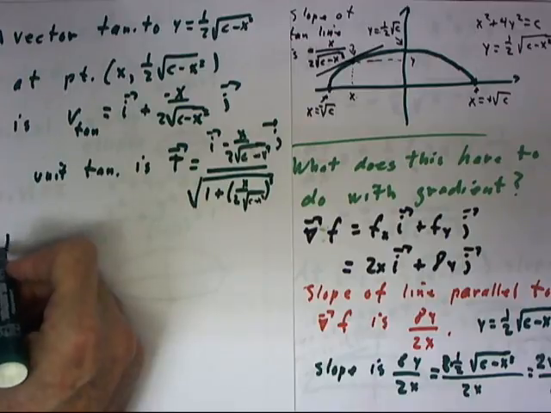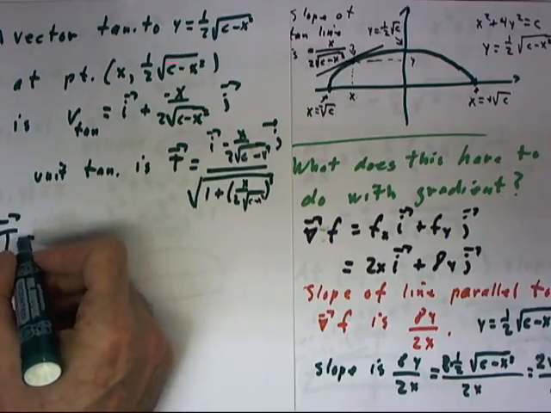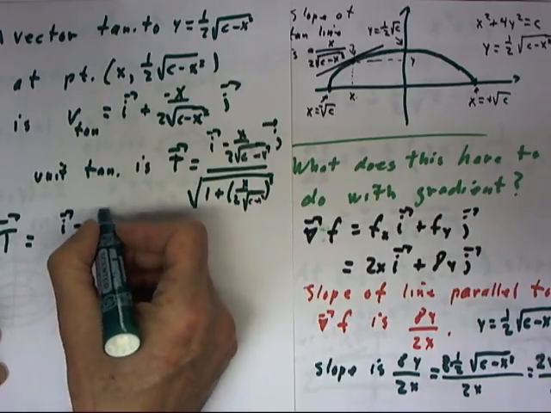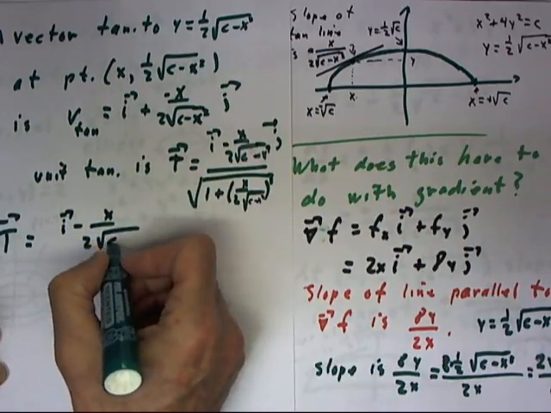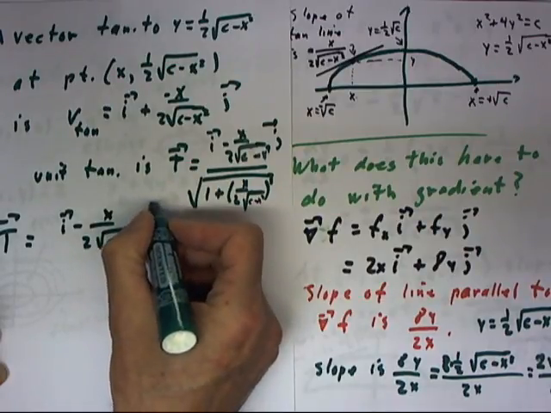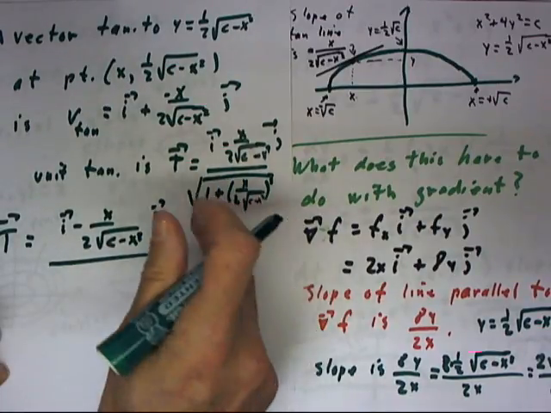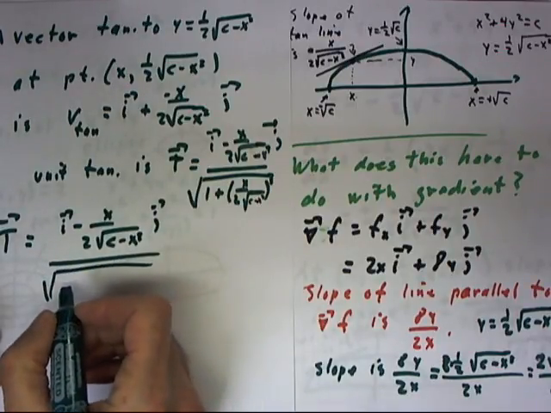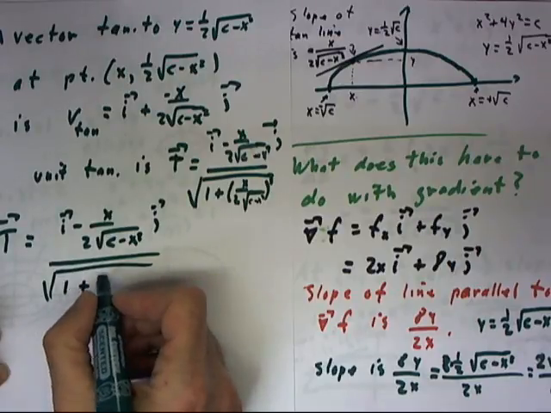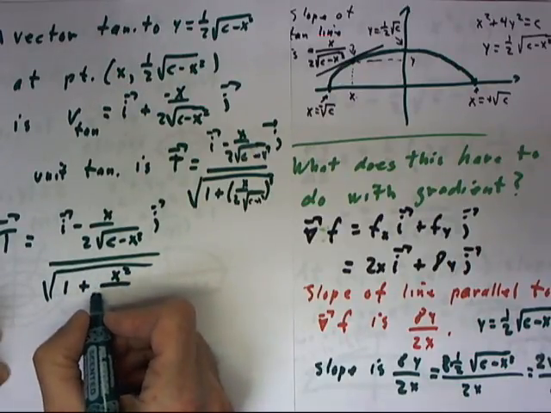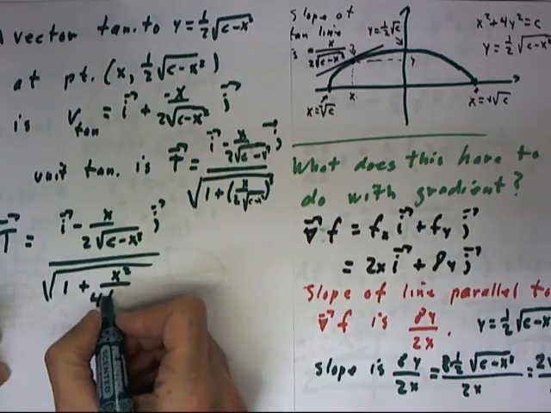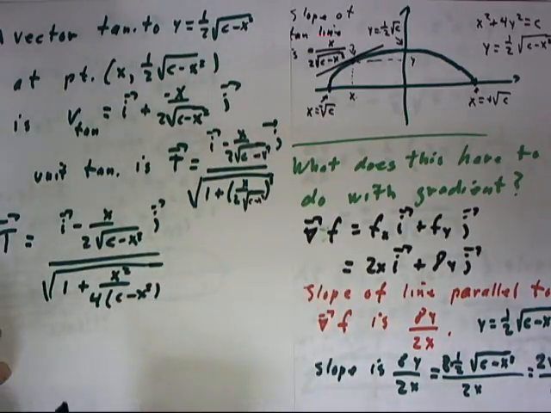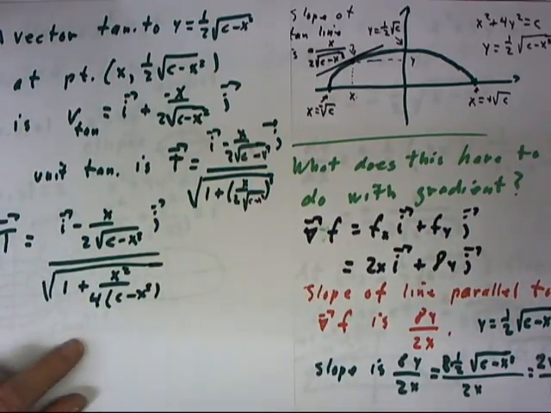So we have unit vector tangent equals i minus x over 2 square root of c minus x squared j divided by, when we square this out, the square root of 1 plus x squared over 4 times c minus x squared. And we could further simplify this.